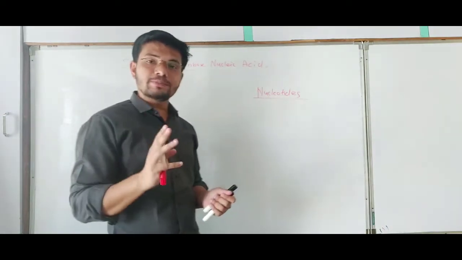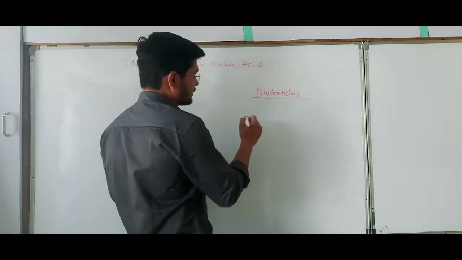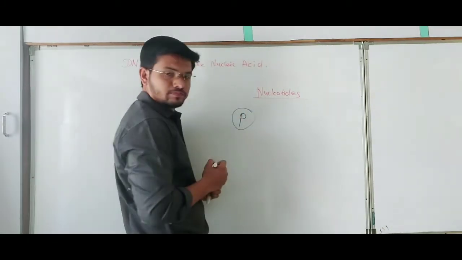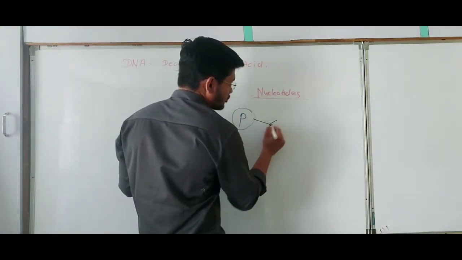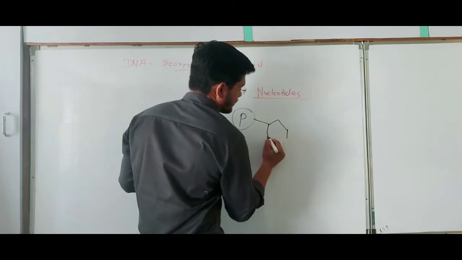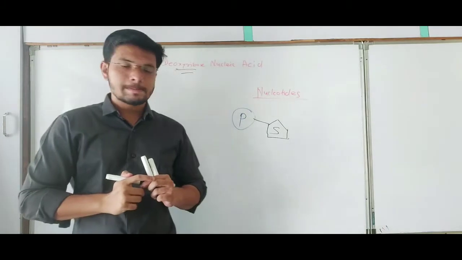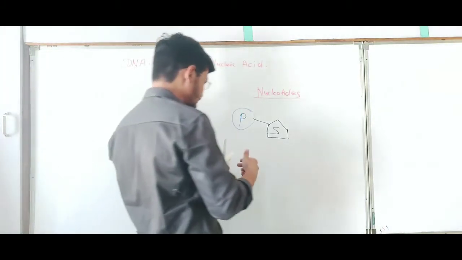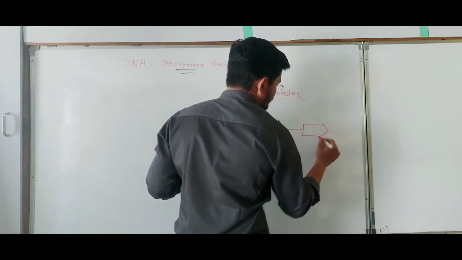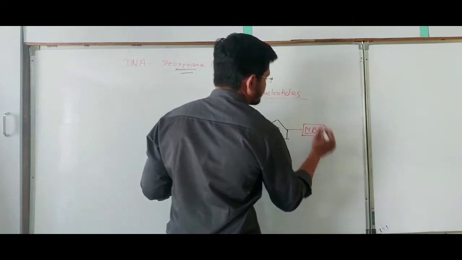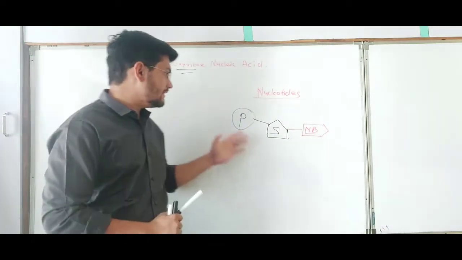A nucleotide is made up of three things: the phosphate group, the pentose sugar, which is deoxyribose sugar, and the nitrogen base.